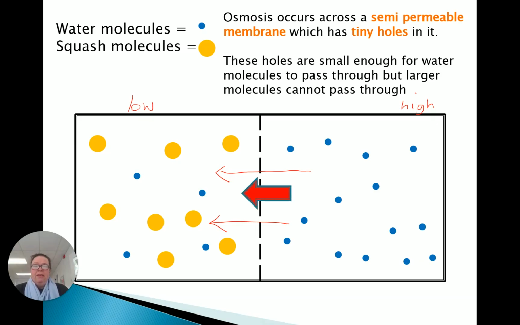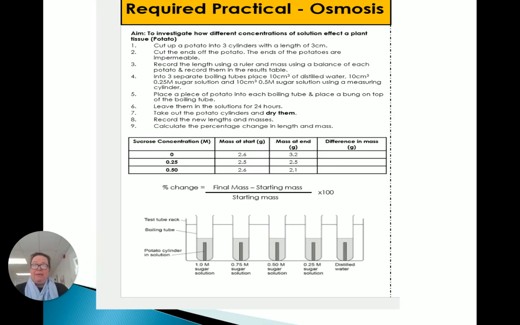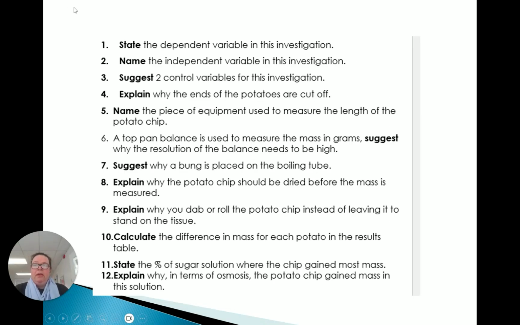Okay, so with that in mind, this is our required practical. Now this is one version. You may, like I said before, get a different vegetable, and you may get salt solution, or you might get sugar. It might say sucrose, it's a type of sugar.